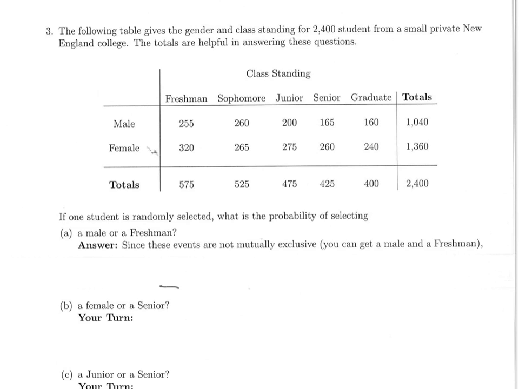Okay, that's okay. So we've got 2,400 students at a small private New England college. This guy teaches at Champlain, so I wonder what college he's talking about. If a student is selected at random, what's the probability of selecting a male or a freshman? So how many males are there? Oh, 1040.